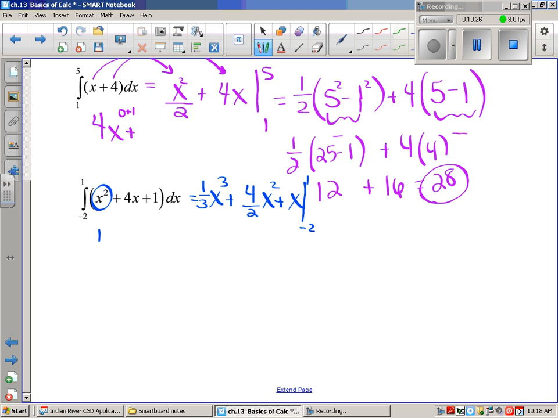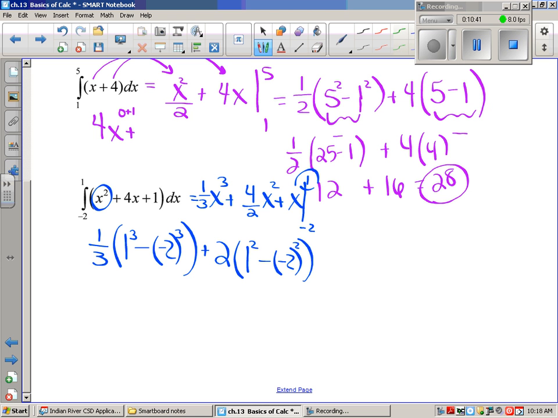Okay, so I have 1/3. Again, it's the highest one, 1 cubed minus -2 cubed. Then I have 2. I have 1 squared minus -2 squared plus 1 minus a -2. Okay, back to your math here. 1 minus a -8 makes that plus 8.